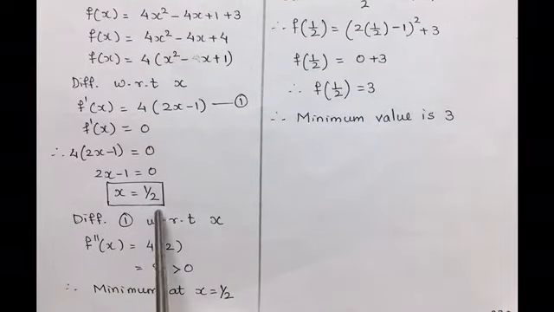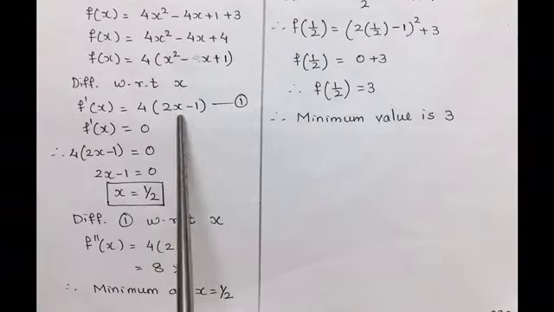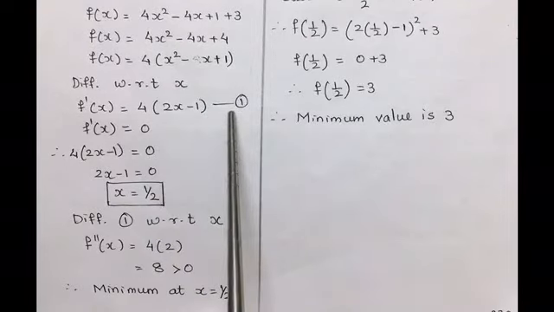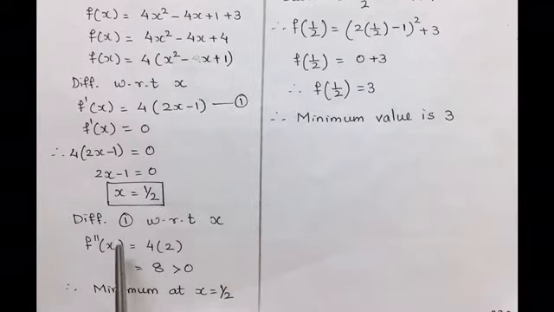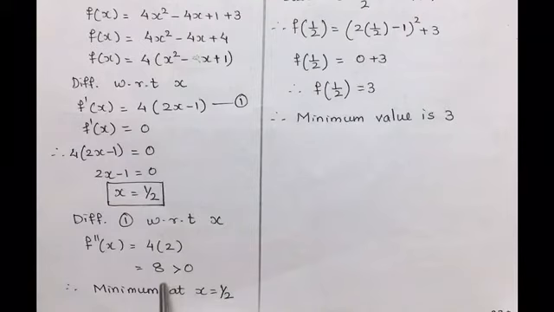x is equal to half. Once the value of x is known, the statement which is marked as 1 is to be again differentiated. So differentiating 1 with respect to x, we get f double dash x is equal to 4 into 2, that is 8.